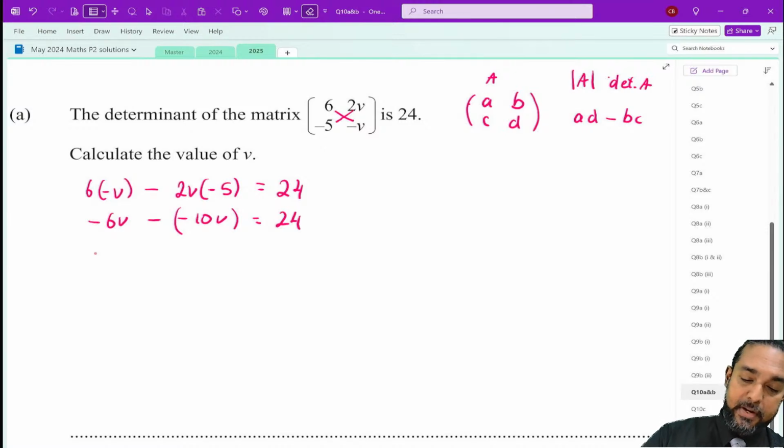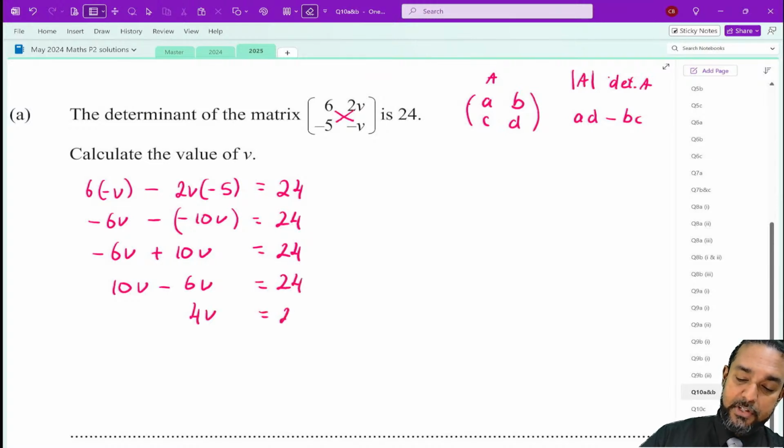Now, when you minus a minus, you get a plus. So you have minus 6v plus 10v. That's equal to 24. This is the same as 10v minus 6v. That's equal to 4v. And if 4 multiplied by v is 24, to solve for v, we could divide by 4. And whatever happens on one side of an equation must happen on the other side. 4 is cancelled, and v is equal to 6.